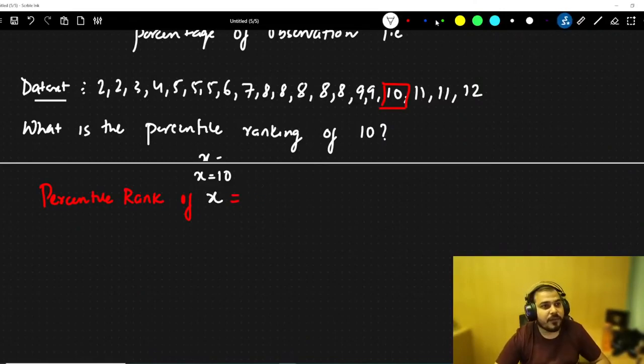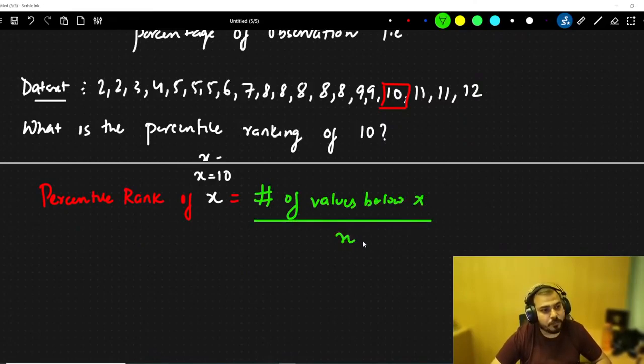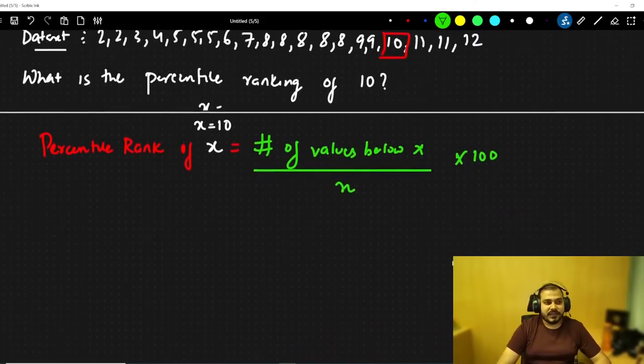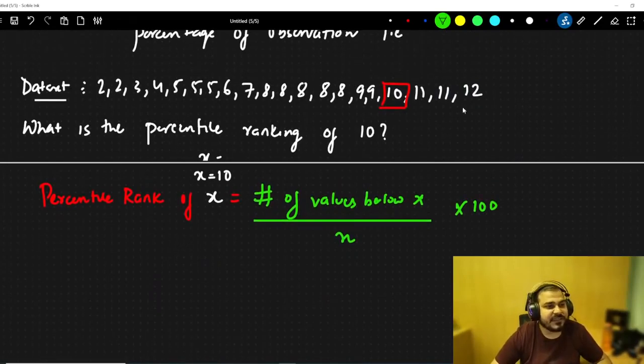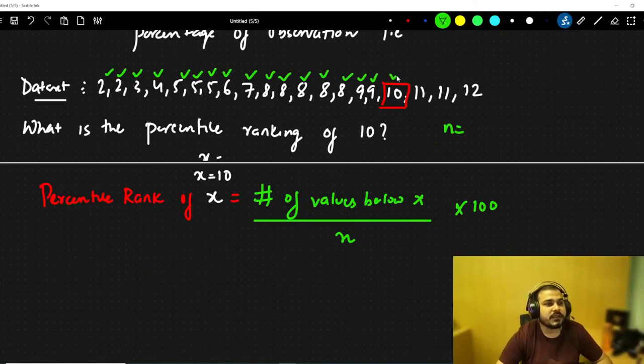My formula will be the number of values below x divided by n, which is my sample size, multiplied by 100. What is n over here? n is the sample size. Counting 1, 2, 3, up to 20, so 20 is my sample size.